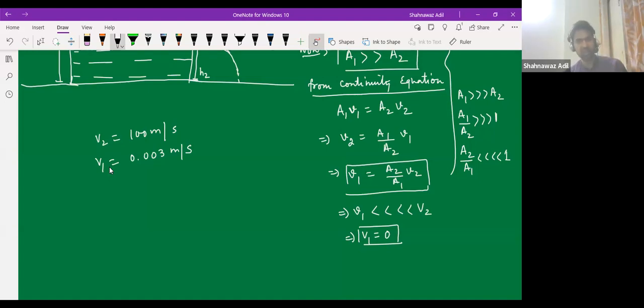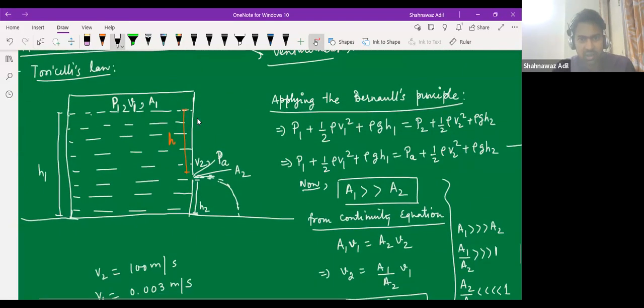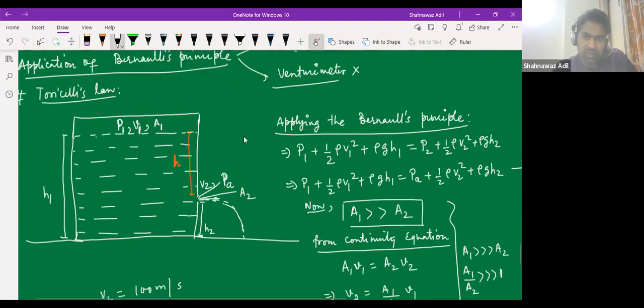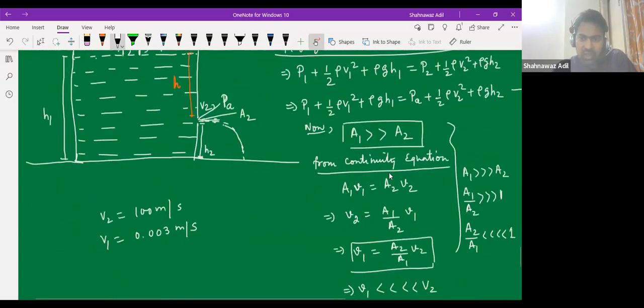But let's say this hole is very large, then this level will go down faster. But if the hole is pretty small, if this area is pretty small, then this V1 would be very small. That is what I'm trying to say. So in comparison to V2, I can ignore this V1. So now my V1 is 0, right?